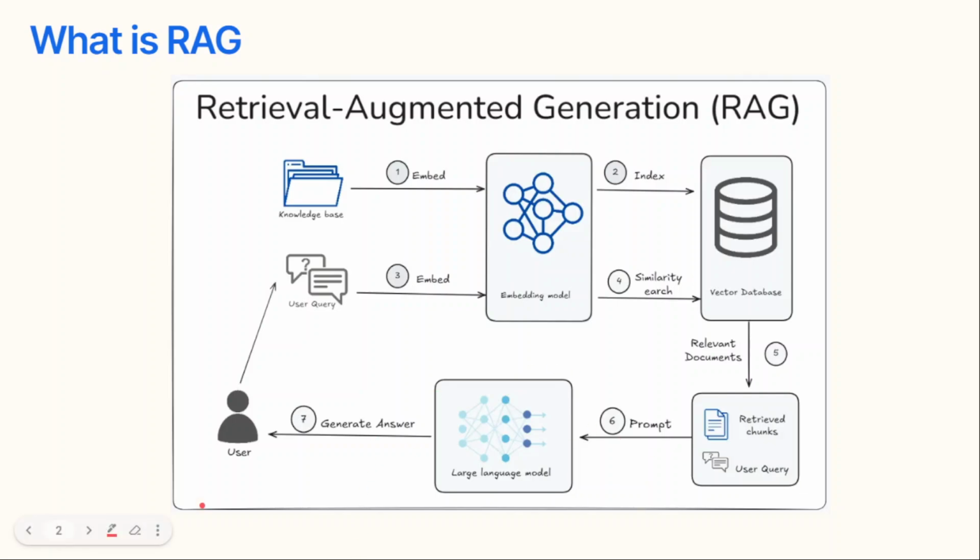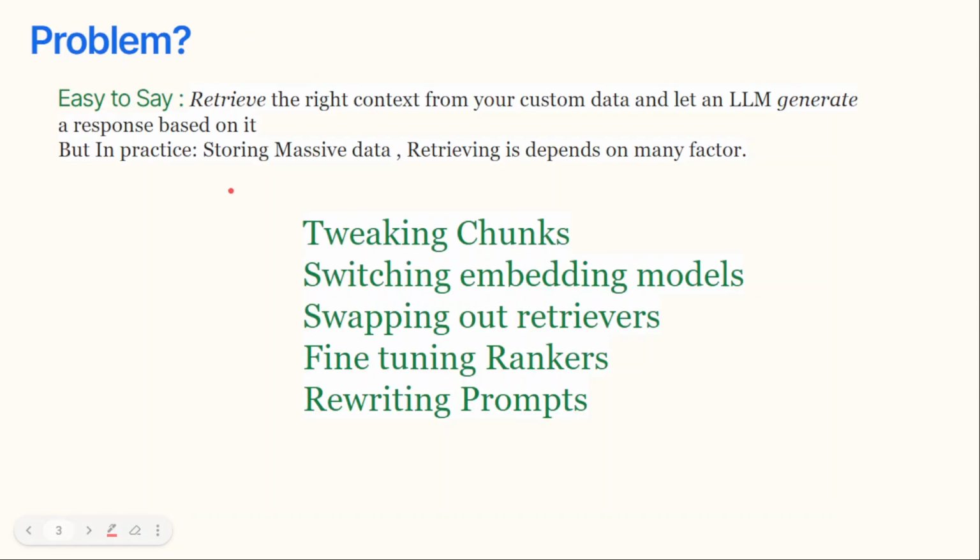So let's now move to the next topic: what exactly is the problem with RAG? It is very easy to say that we retrieve the right context from your custom data and the LLM will generate the response based on it.